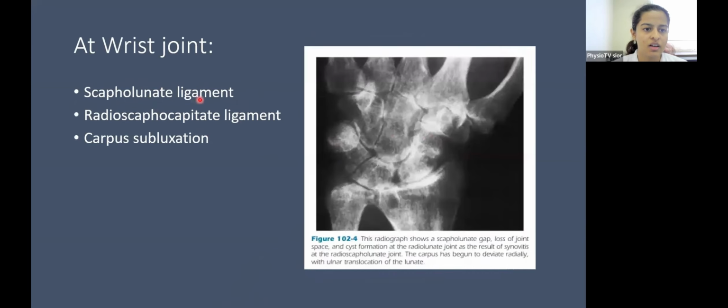At the wrist joint, we have various deformities seen. Firstly, at the scapholunate joint, the scapholunate ligament gets affected because of the chronic synovitis, and there is instability because of the weakness of the scapholunate ligament.